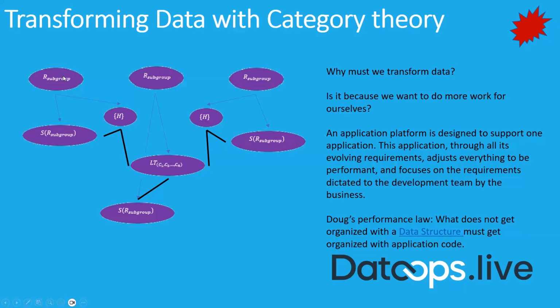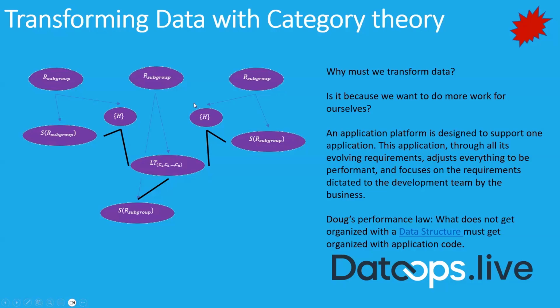So mathematically, what you're doing is you're using category theory to transform data in a subgroup into a set, which is going to be your hub, or another relation, which is going to be your satellite. For links, these are going to be your tuples.